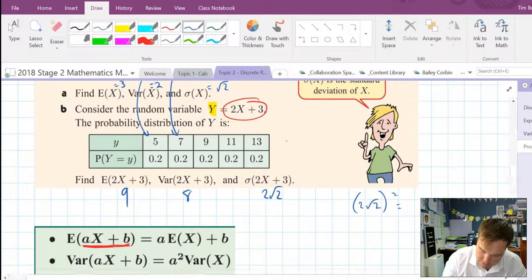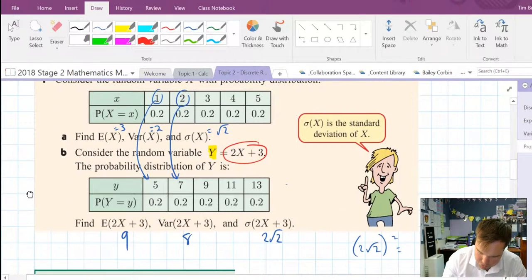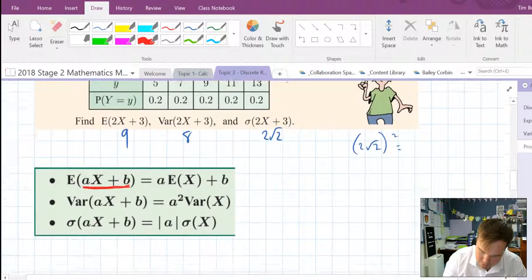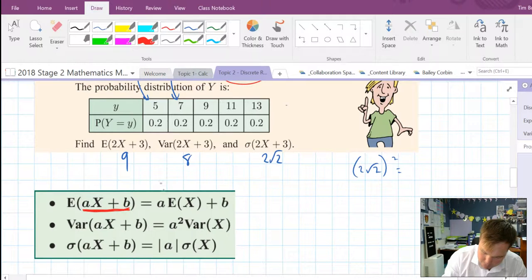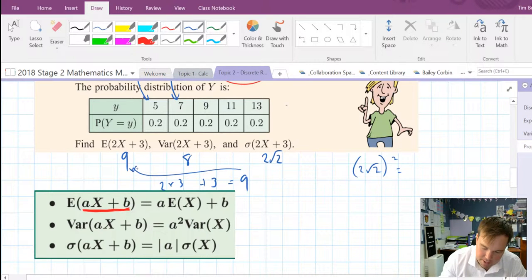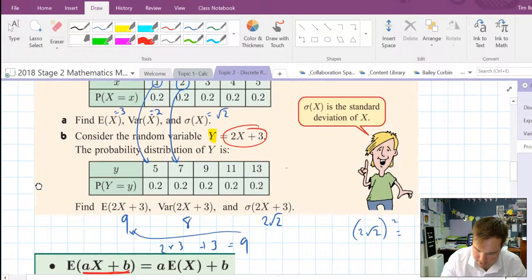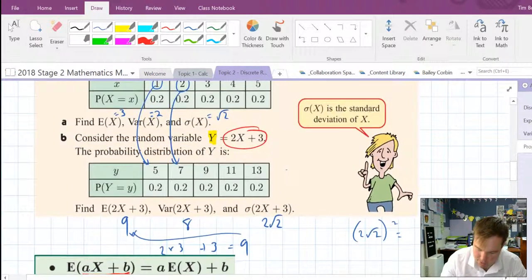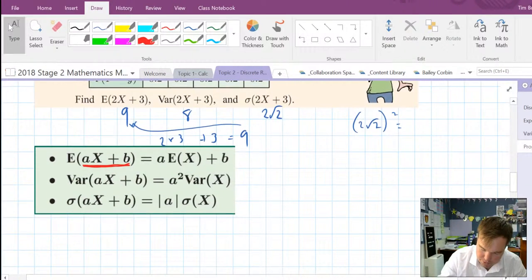Now the original expected value was 3, so this will be 2 times 3 plus 3 is equal to 9, and that's what got us to here. The variance will be a squared times the original variance. Here a is 2, and the original variance was 2. So this looks like 2 squared times 2 equals 8.